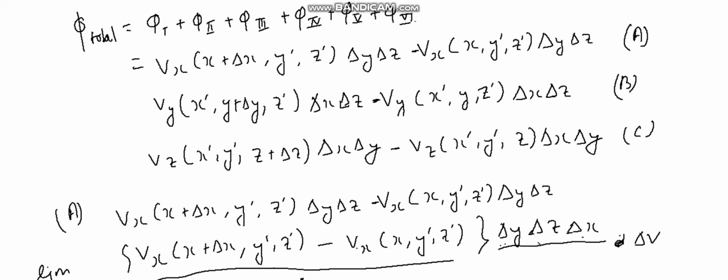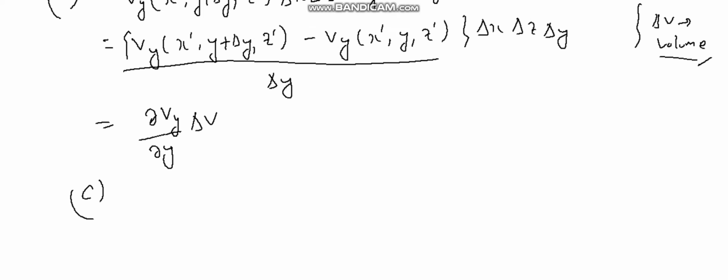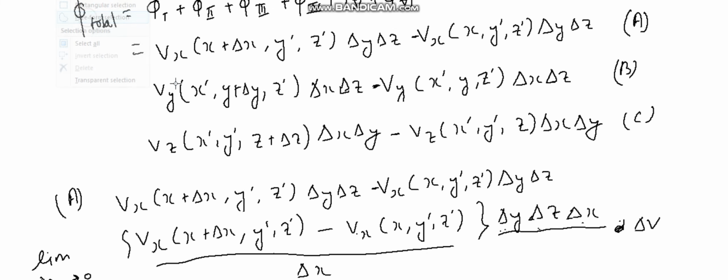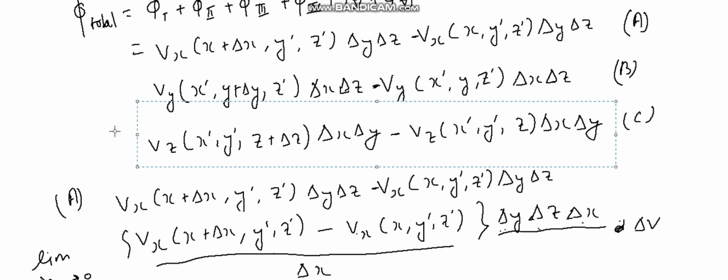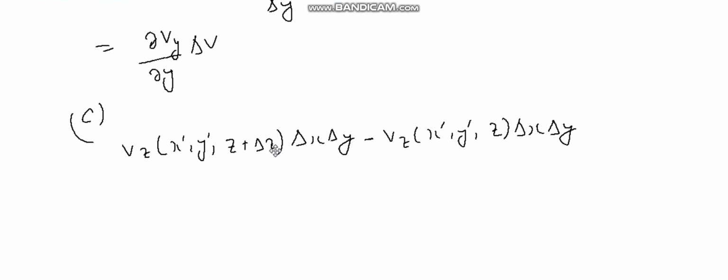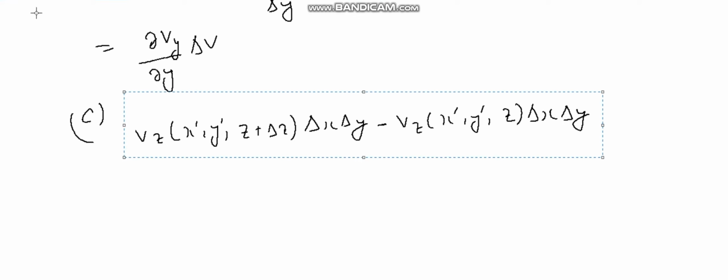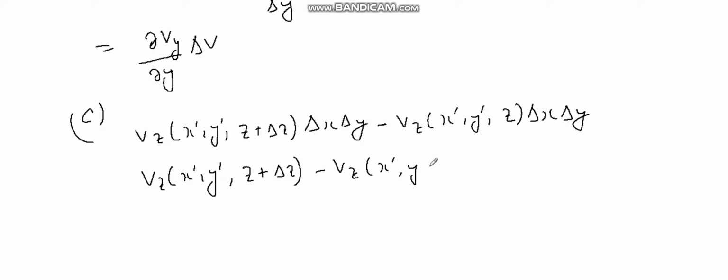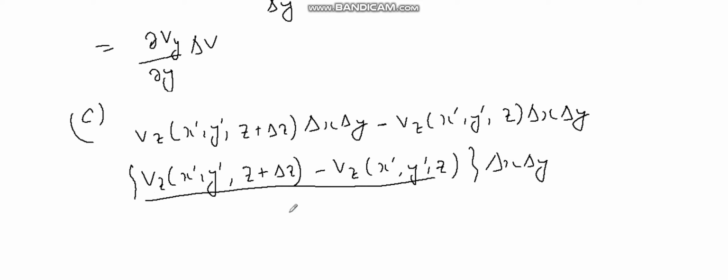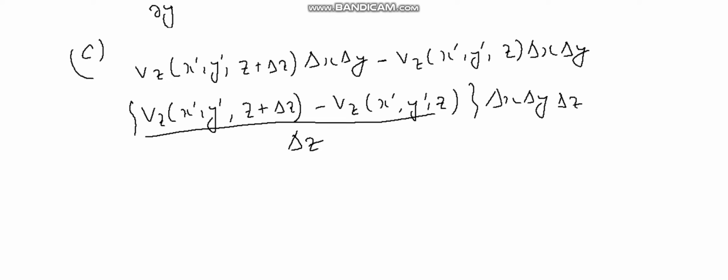Let's take equation C. Vz(x, y, z plus delta z) minus Vz(x, y, z), times delta x delta y, divided by delta z and multiplied by delta z, and once again taking the limit delta z tends to 0.